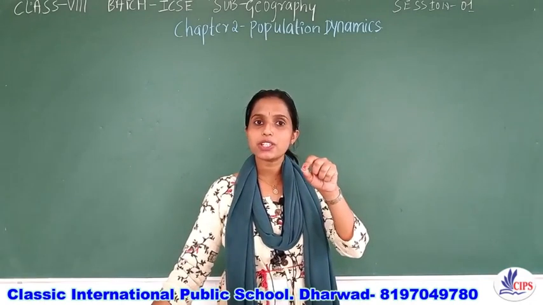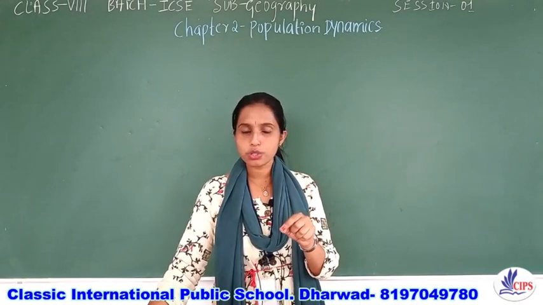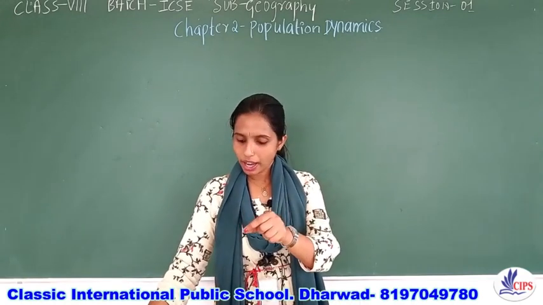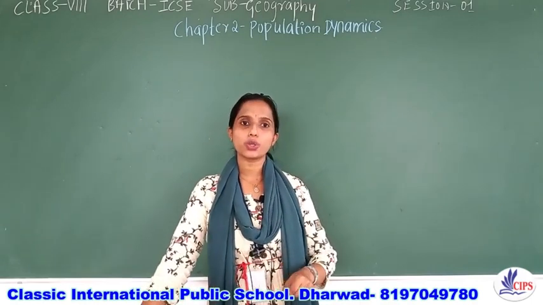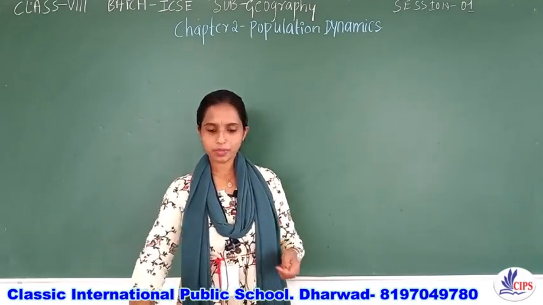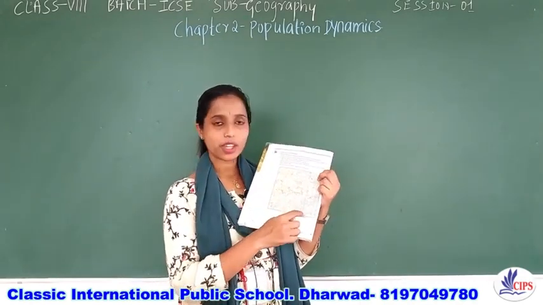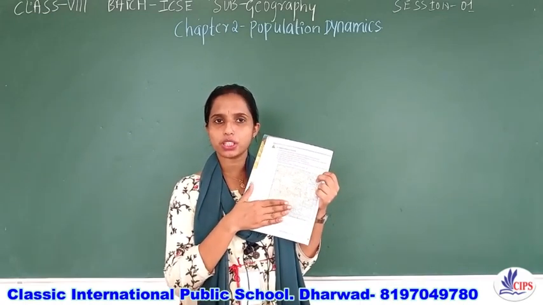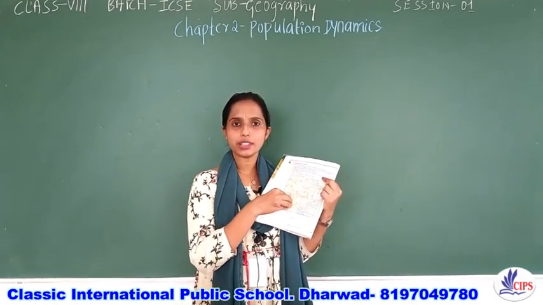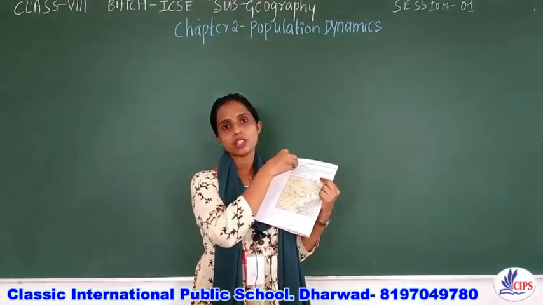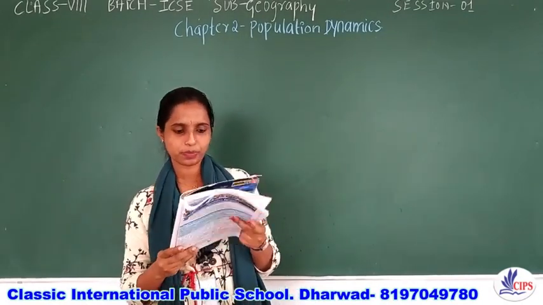See the type of the settlements given over here. The color scheme: red color has been used, yellow has been used, and even the green color has been used. Some contour lines have been given to you. So whatever we have read, everything is given on this topo sheet. Now what is our work? Our work is to study this topo sheet and answer the questions given here. So let's try to interpret this topo sheet.